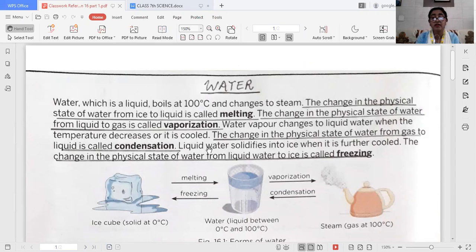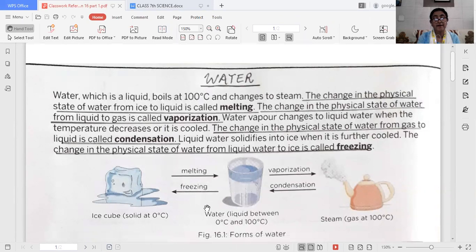So these are the three interchangeable states. Now, liquid water solidifies into ice when it is cooled. So the change in the physical state of water from liquid water to ice is called freezing. As you can see here: melting, vaporization, condensation, then freezing.